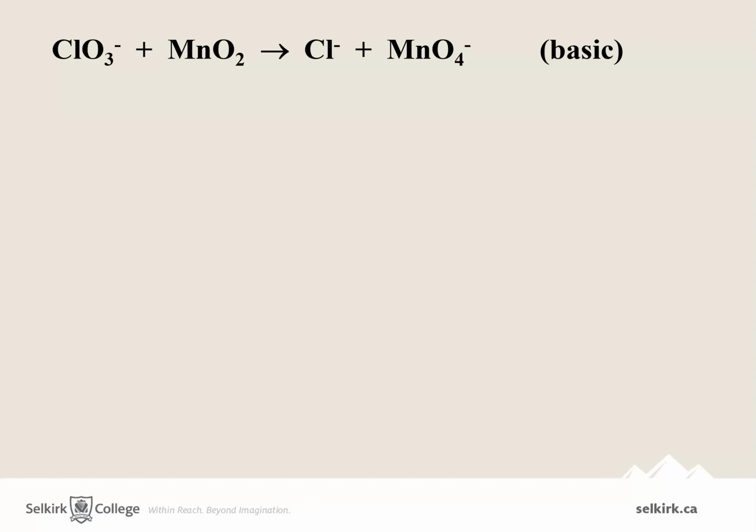Go ahead, pause the video. All right, here I go. First step, break it into 2 half reactions. All the chlorine containing species in one, all the manganese containing species in the other.